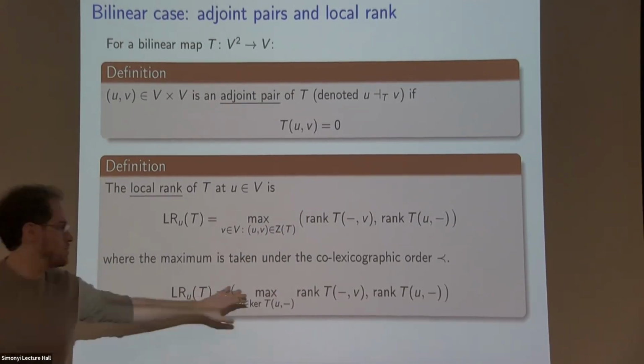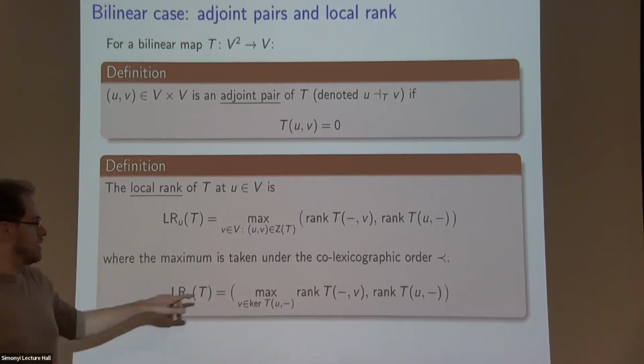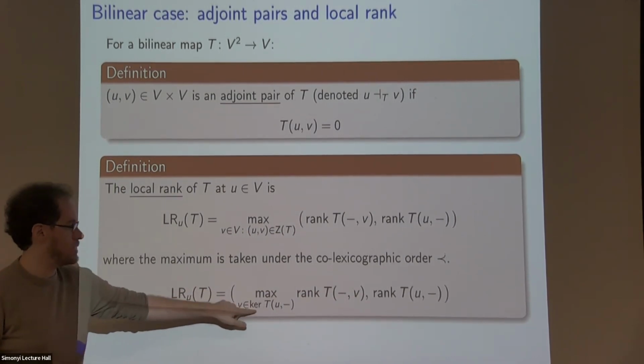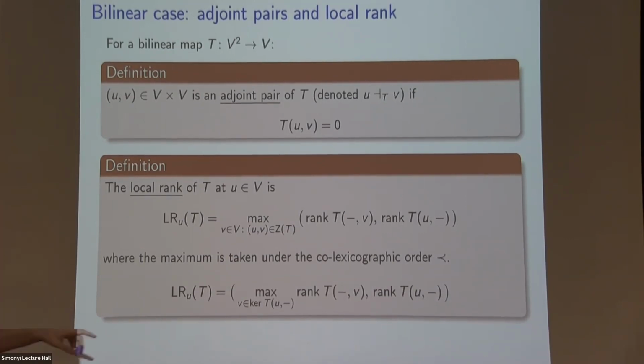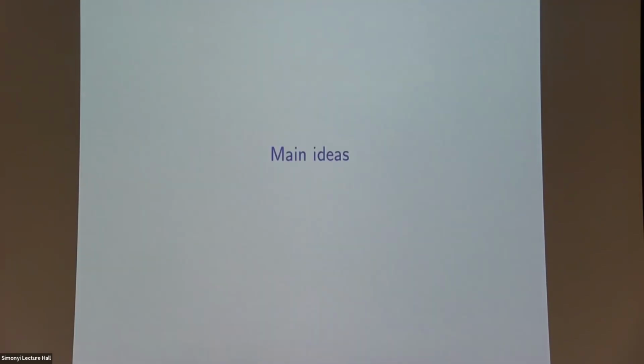So you take the maximum of the rank of a linear matrix, which is exactly commutative rank, except that we're not maximizing over every possible input to the linear matrix, but rather only inputs that are already in the kernel of the other partial matrix defined by U. So it's a commutative rank of a restriction of T. But that's for 3 tensors. For 4 tensors, it looks different, but you can think of it as a generalization of commutative rank.